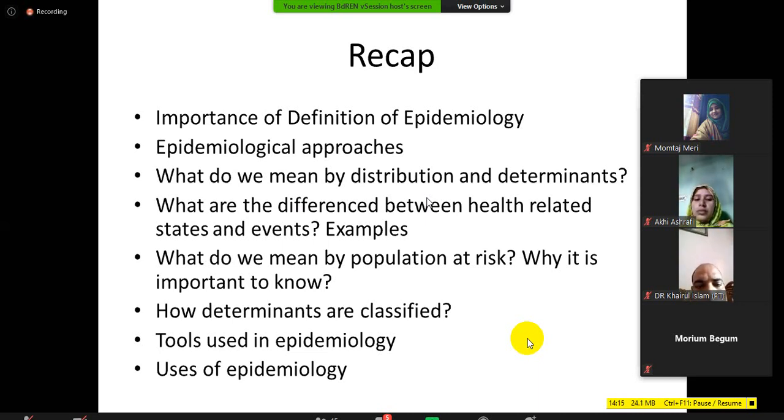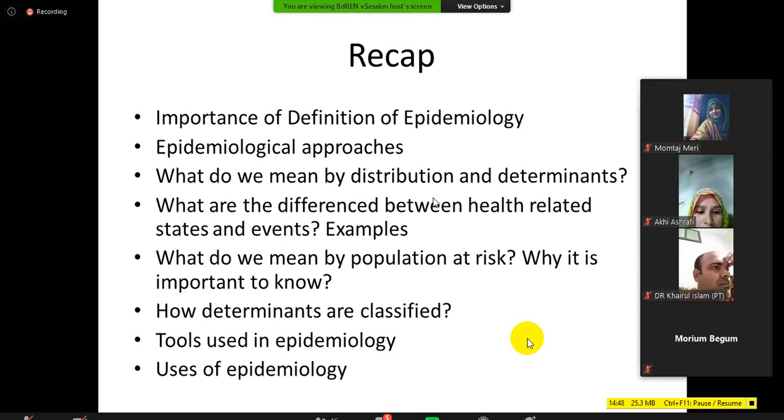Once we have the problem, then we collect data on these issues in terms of population: what their age is, what their gender is, where they live, what their educational status is, what their occupation is, how much their monthly income is, and what their behavior is, like are they smoking, consuming alcohol, or doing physical activities.